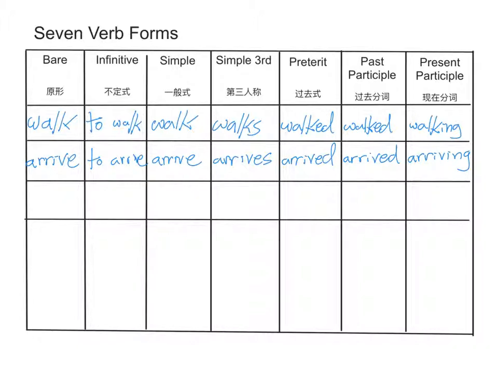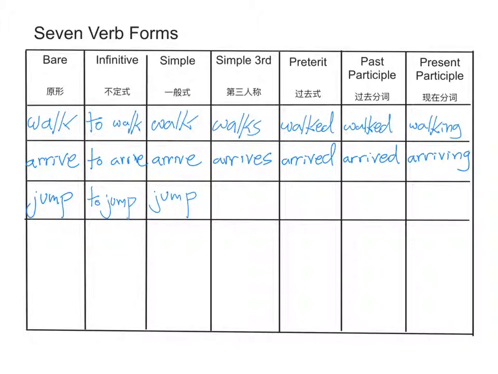Let's do one more, the verb jump. So if the bare form is jump, can you complete the chart for the other 6 forms? Pause the video and give it a shot. So if the bare form is jump, that would make the infinitive form to jump. There we go. The simple form would be jump.